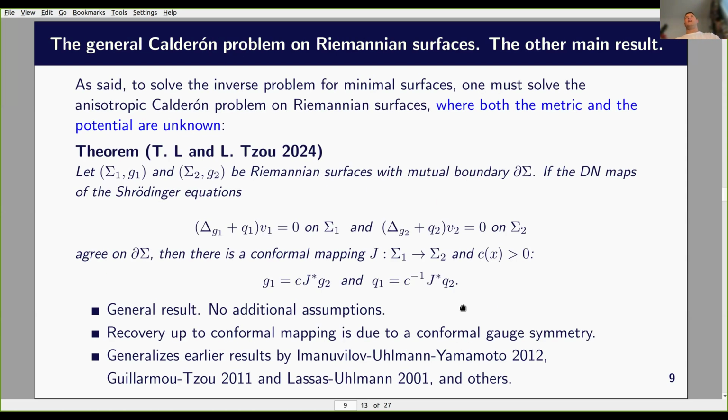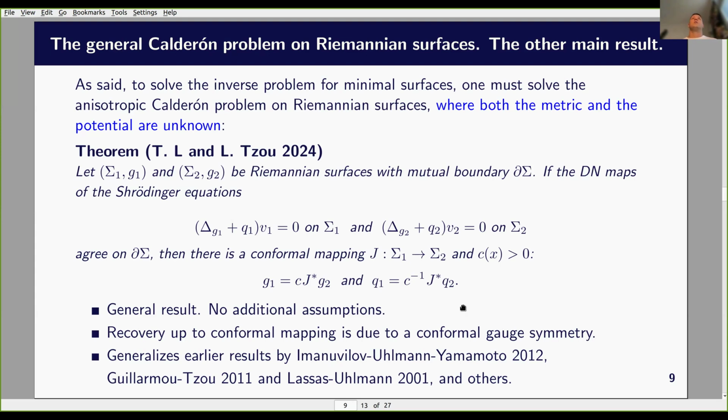Okay, then the other result. This result, which I will now explain, is an independent result. It will be applied in this minimal surface business, but in itself it doesn't have anything to do with minimal surfaces.